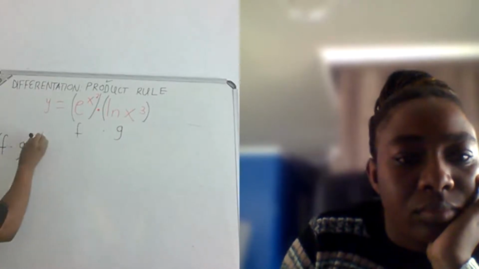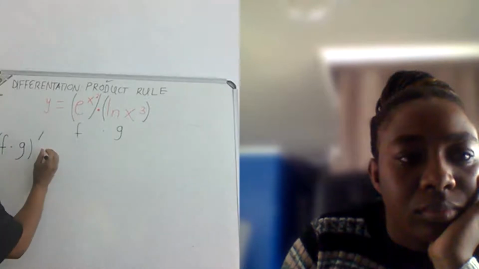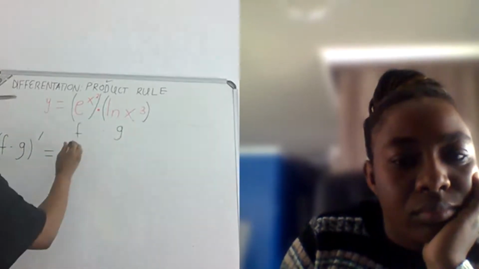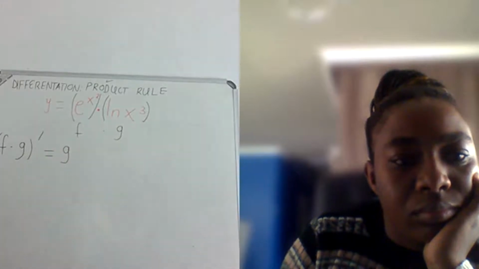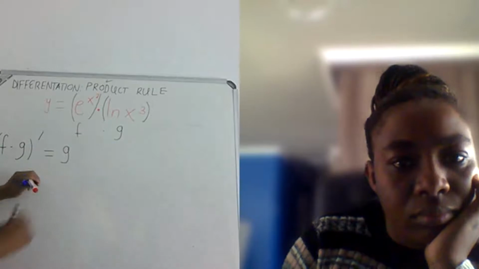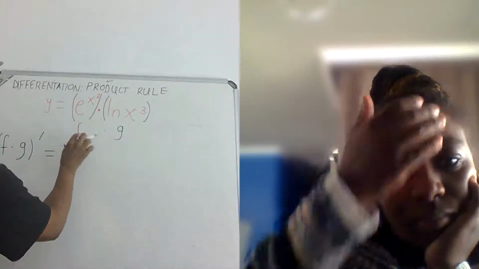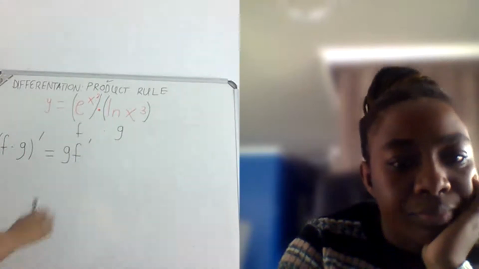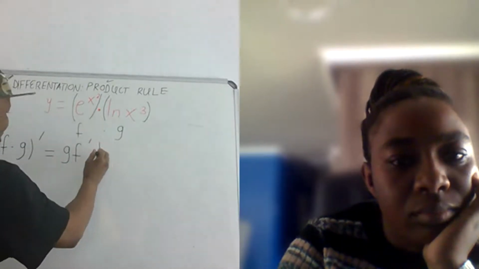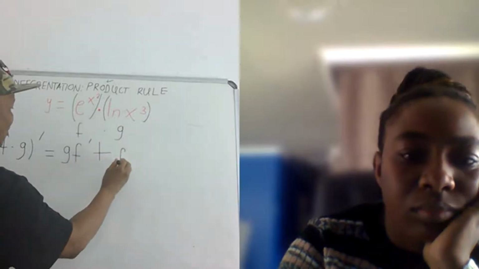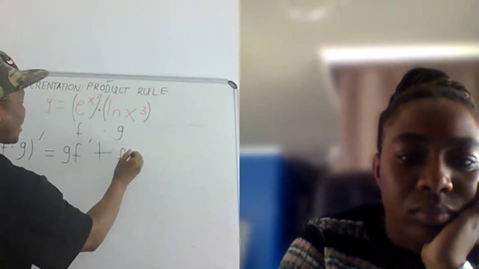When we differentiate these two things, we simply put the second one constant. See, this is the second one. When you say constant, it means do not change it. Write it the way it is, and then differentiate the first one. When you differentiate f, you get f prime. And because there's a multiplication here, say plus, and then just flip everything you did here. So now it's going to be f, and now g is the one that is going to be differentiated.